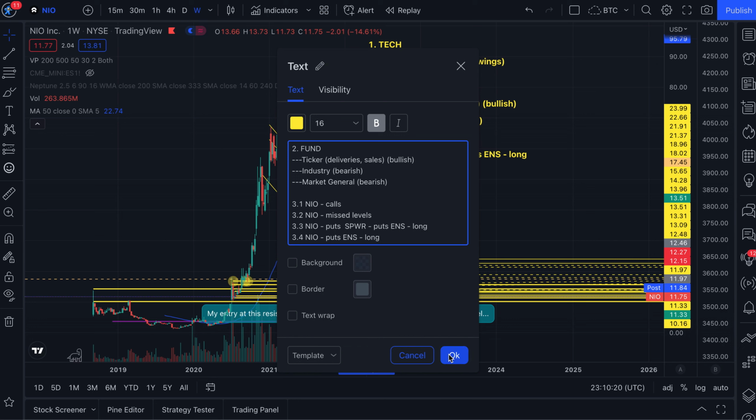So that is what I look at. Those two areas, the technical and the fundamentals, are probably what most people look at when they're trading.